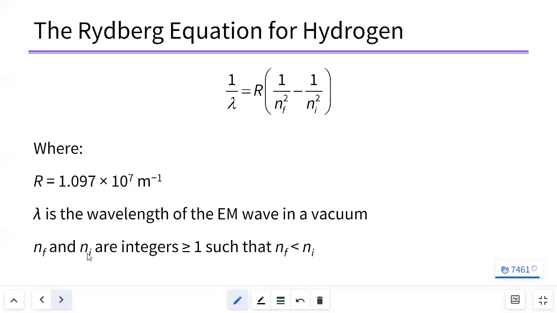And these values, n_f and n_i, relate to the energy levels that the electron starts at and ends at. So n_f would refer to the final energy level where the electron ends. And n_i would refer to the initial energy level, the place where the electron begins.